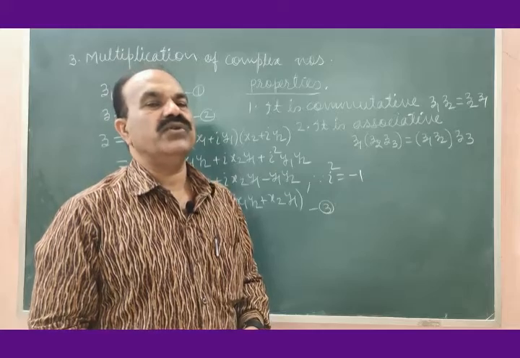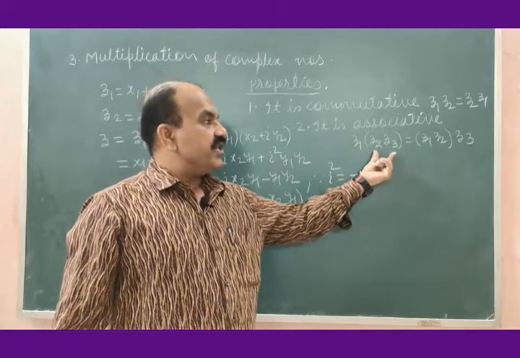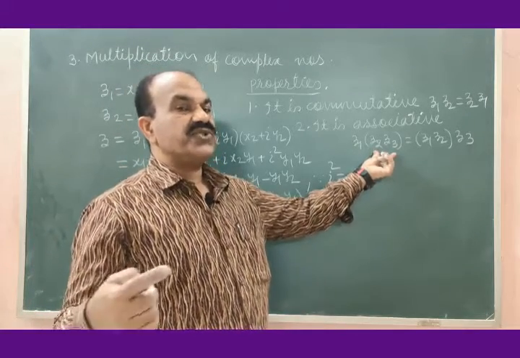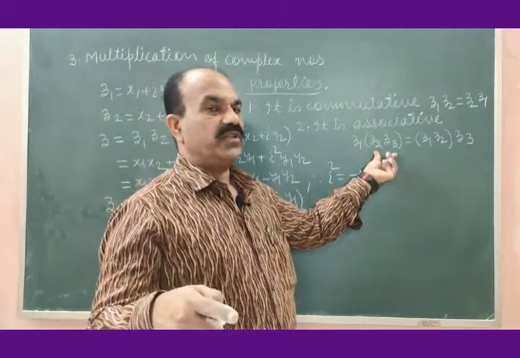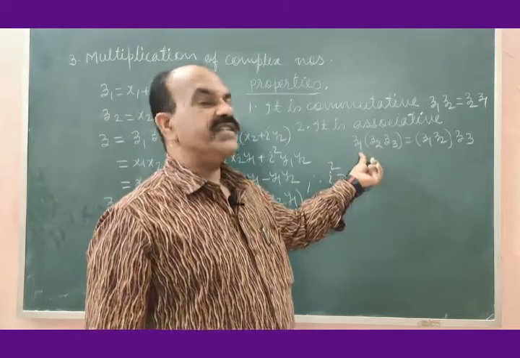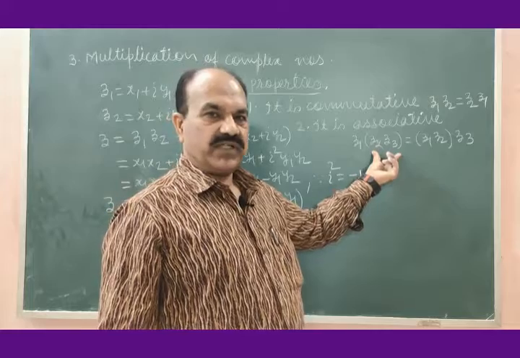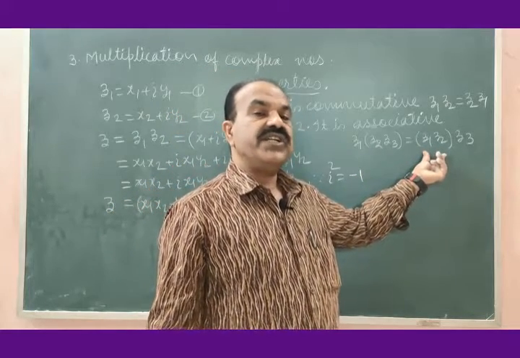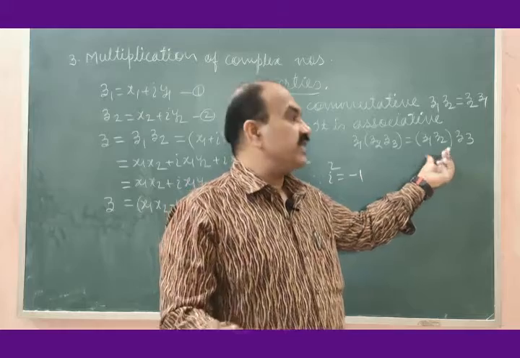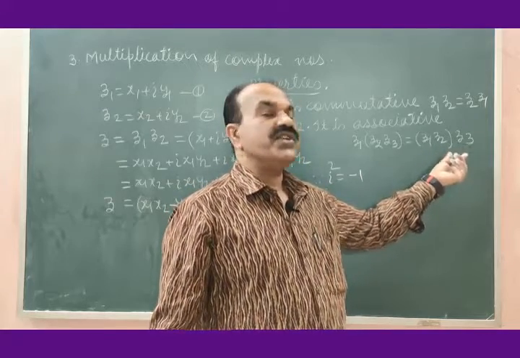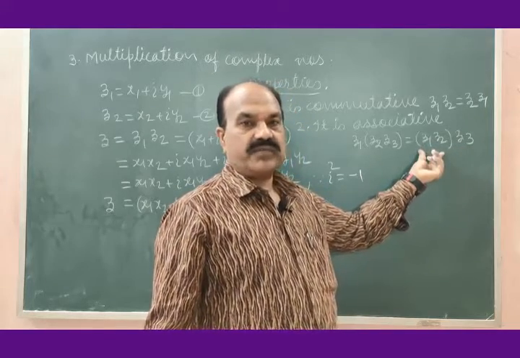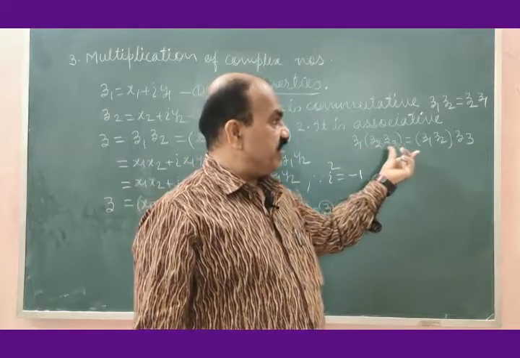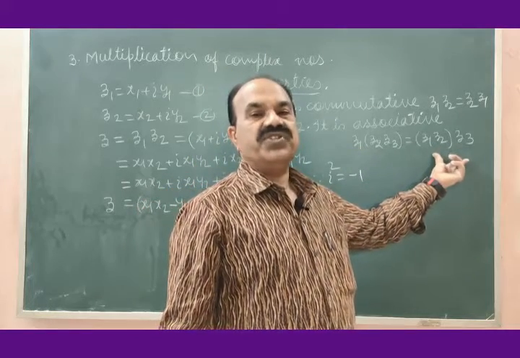Association is allowed. Here Z2, Z3 are first associated for the product, then Z1 is associated with this product. Here Z1, Z2 first associated for product and then Z3 is associated with this product. This result is always equal to this result.